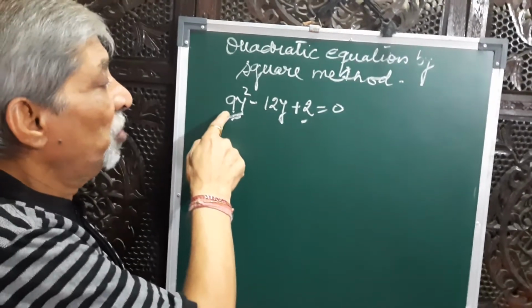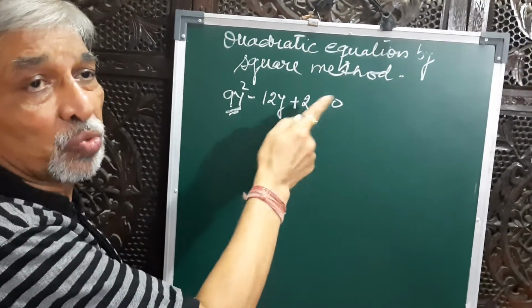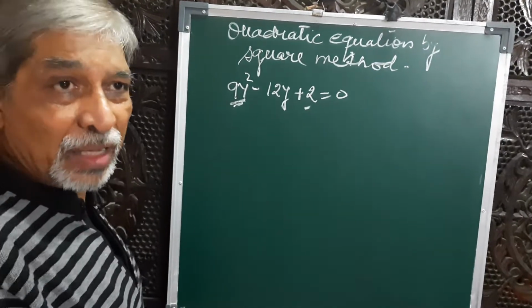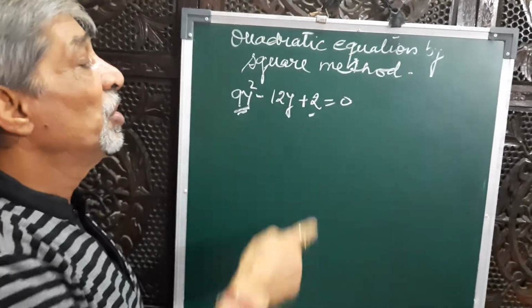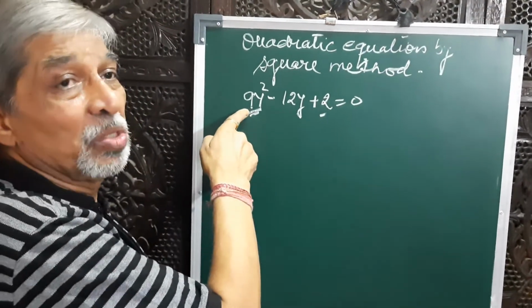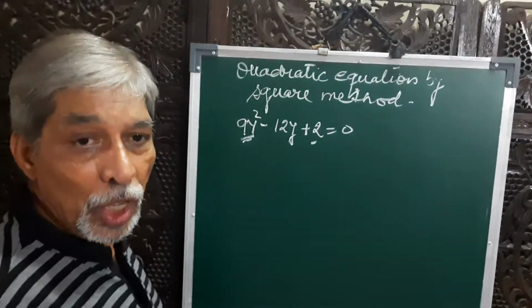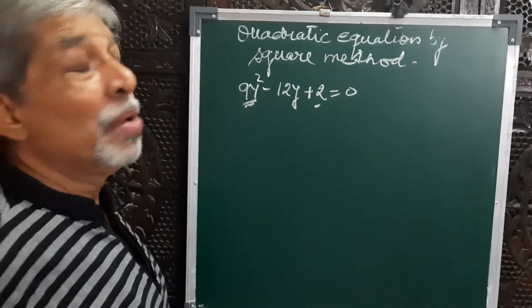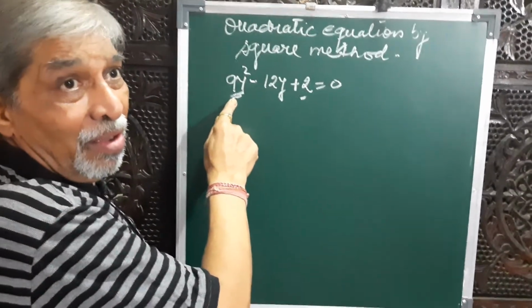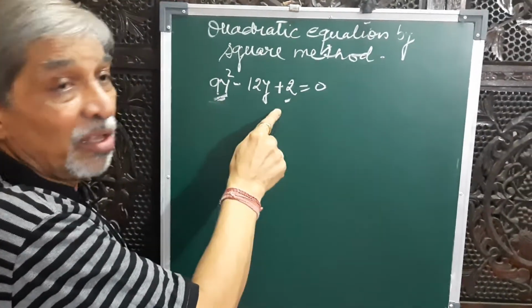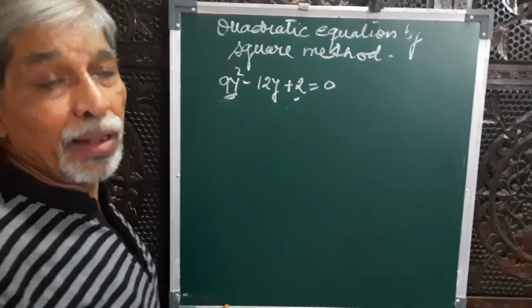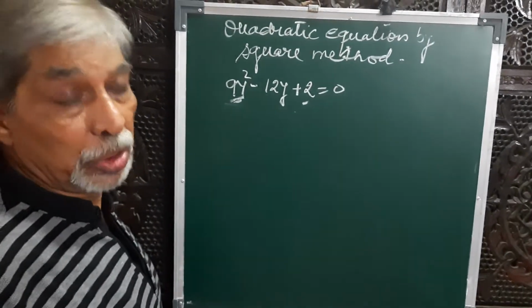This is 3y, and the square root of 2 is root 2. So 2 root 2 into 3 doesn't make 12y. So we have to make a perfect square here by adding a term.